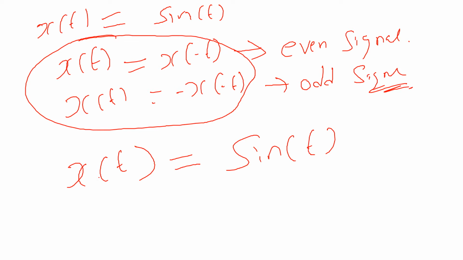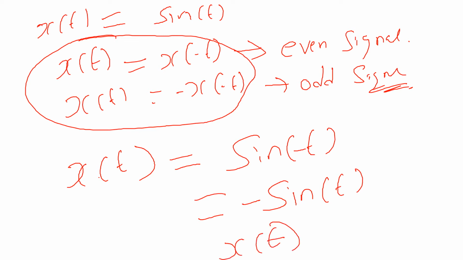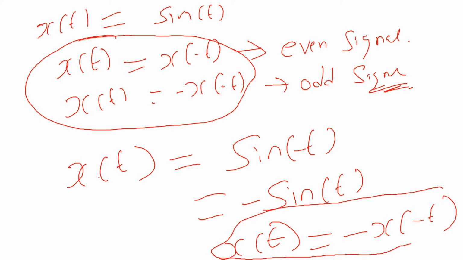Sine of minus t is equal to minus sine of t. Am I right? Okay, so what happens to the original signal? The original signal I can write as x of t is equal to minus of x of minus t. So this particular condition, that means the second condition, prevails. So I can honestly call the given signal an odd signal.